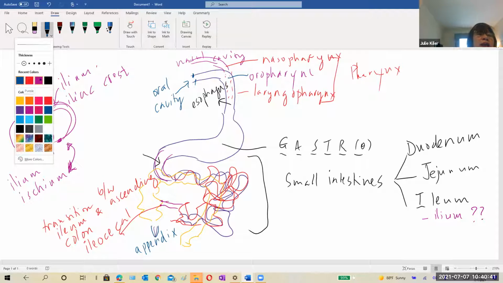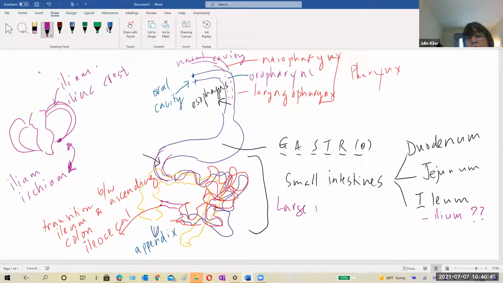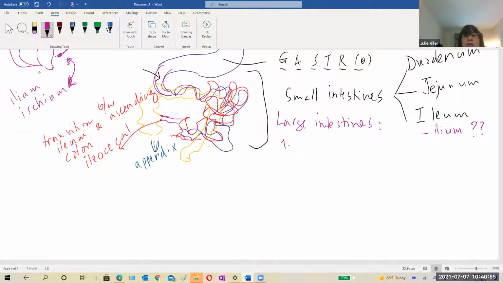And then next we have the large intestines, yeah? Now, large intestines consist of what? Start from proximal to distal. Go ahead, put it in the chat. Where does it start, the large intestines? So we're doing proximal to distal, yeah?